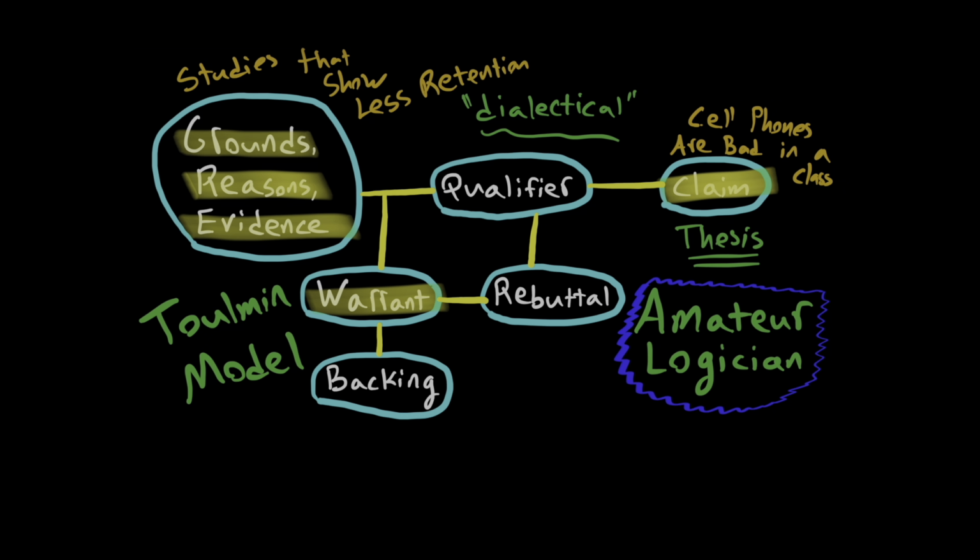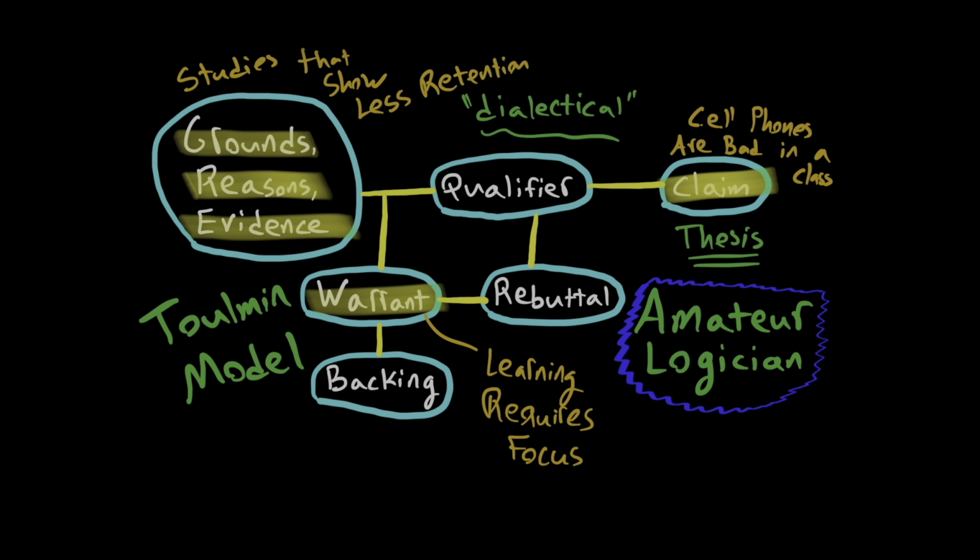It pulls attention away. But how does that show that cell phones are bad in a classroom? Well, the warrant in this case would be that learning requires focus. So because cell phones take away focus and learning requires focus, they're bad in the classroom.